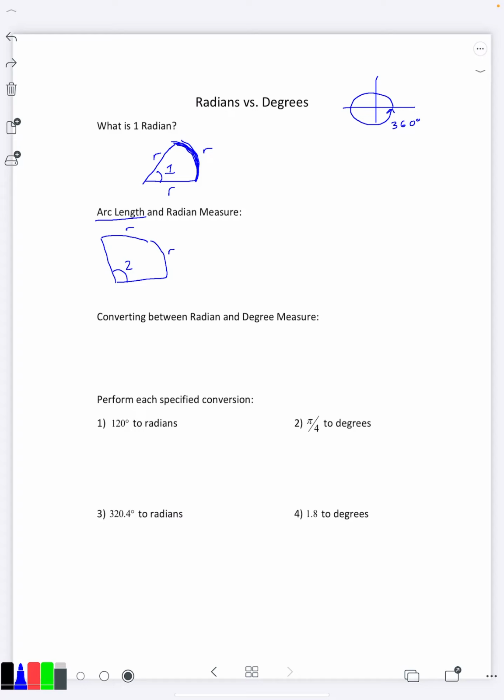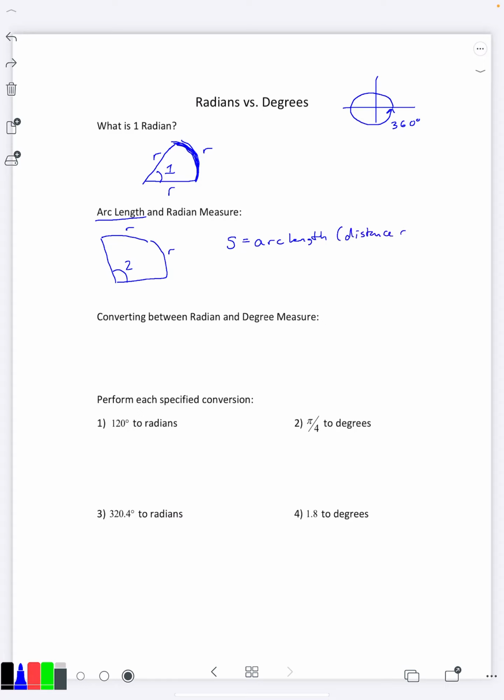And if you wanted to go 3 radius distances around the outside, your theta, your angle there, would be 3 radians, and so on. And so if I wanted to go 5 radii around the outside, the angle is 5.